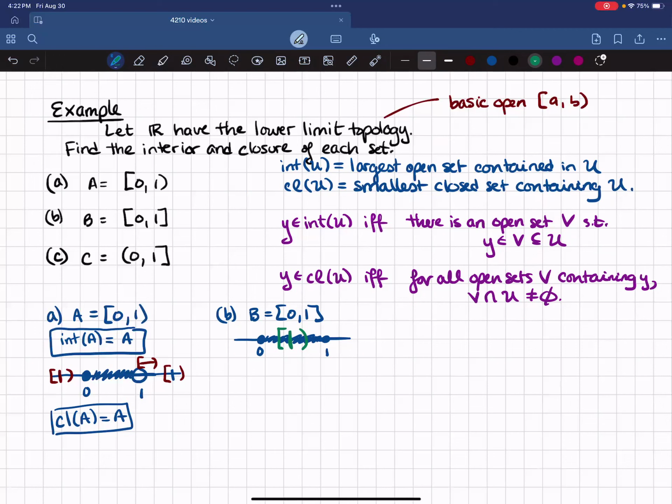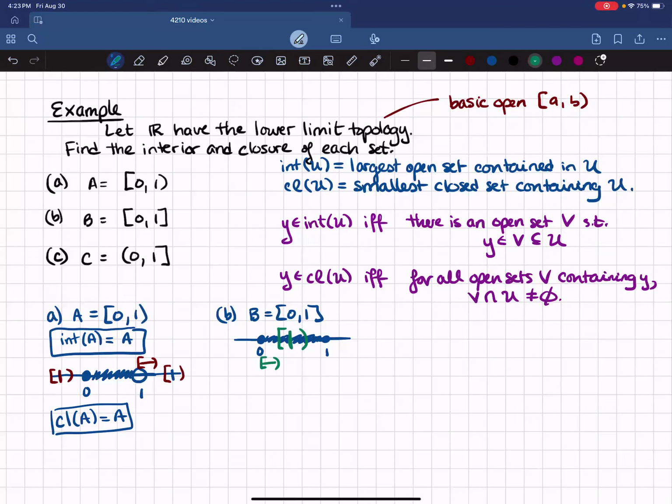What about 0? Can you find an open set that contains 0 and is still contained entirely inside of B? Yeah, I could just go from 0 up a little bit, and that would be contained inside of B. So that tells me that 0 is in the interior. And then finally, what about 1?